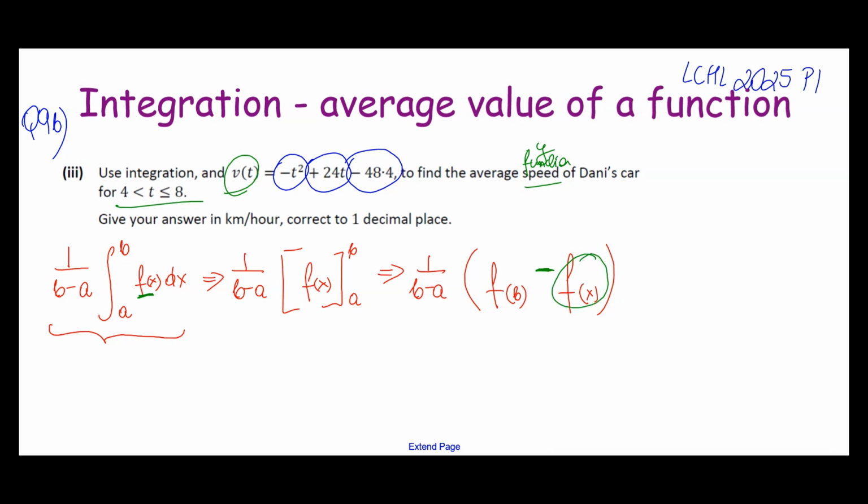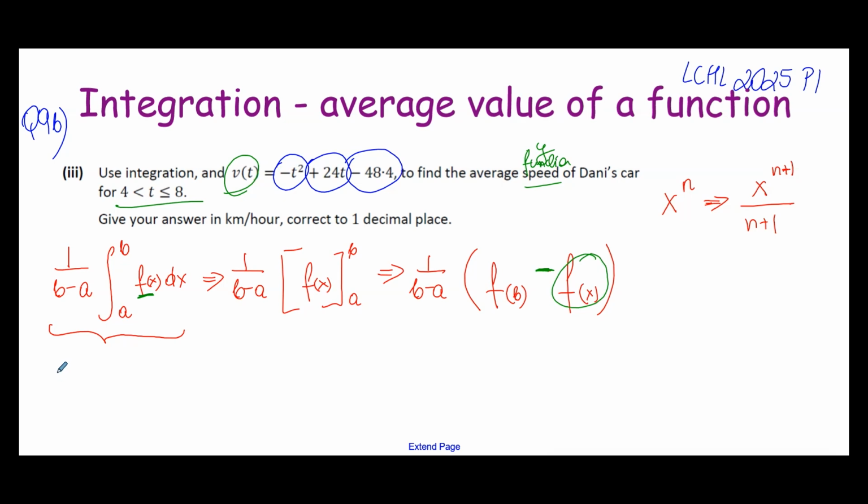Okay, so let's integrate. How do we integrate? Like we said, each element. It's quadratic, so we know it will step up to cubic. It's that very first formula: when I have x to the power of n, we add 1 to the power and divide by the same value, n plus 1.